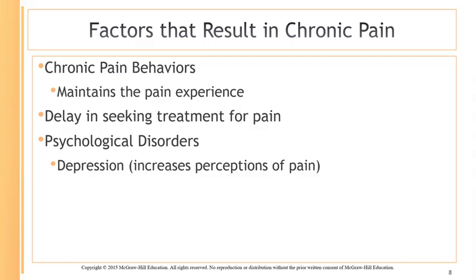So oftentimes when something causes pain, we try to avoid it, but in fact, this can actually make it worse over time. So these alterations in lifestyle become part of the pain problem, and they can persist and interfere with successful treatment.